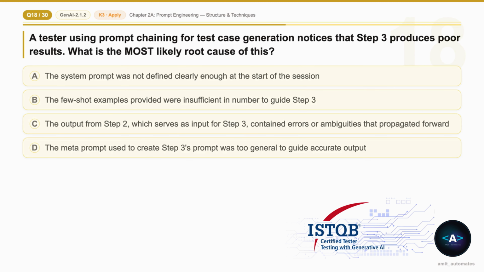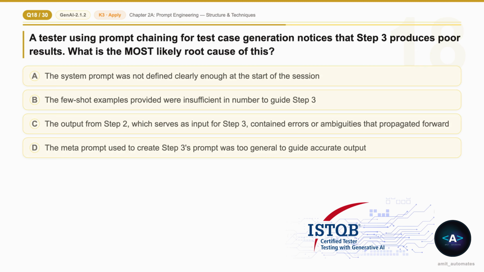Question 18. Learning Objective GenAI 2.1.2. Difficulty level K3. A tester using prompt chaining for test case generation notices that step 3 produces poor results. What is the most likely root cause of this? Your options are A. The system prompt was not defined clearly enough at the start of the session.